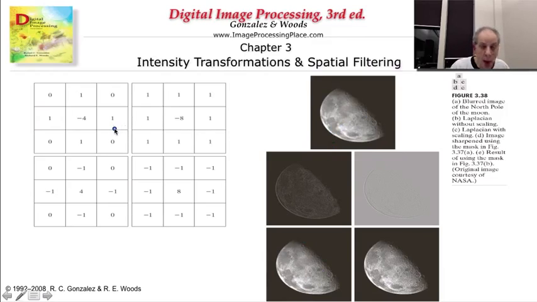Now, we can actually make those details even more clear by computing a Laplacian that takes, in contrast with only a -4, a -8, so it actually stretches the differences even more. The process will be the same. We take the image, we compute the Laplacian with this, at every pixel.